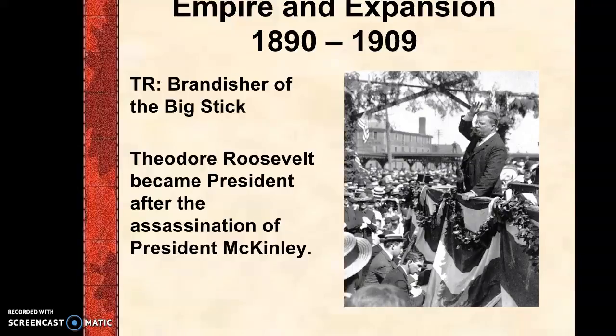He became president through an accident of fate, the assassination of President McKinley. And Theodore Roosevelt became one of our most famous presidents, and his advocacy and support for imperialism really set him apart from almost any president up until that time. Next slide.